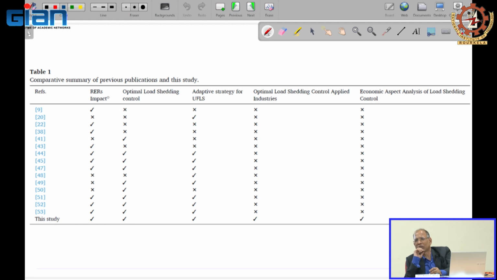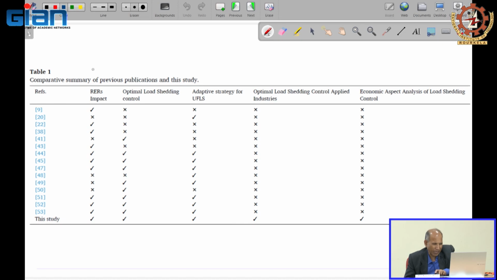Some research papers include only one aspect. So what would be your new contribution? You can include one or two additional factors, just to say that this is something extra.